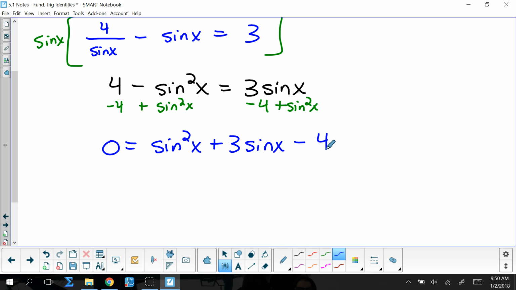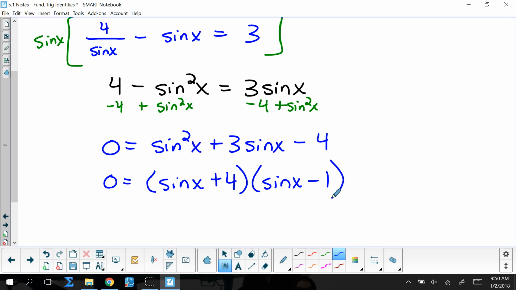Yes? Factorable. Sine of x plus 4, sine of x minus 1.